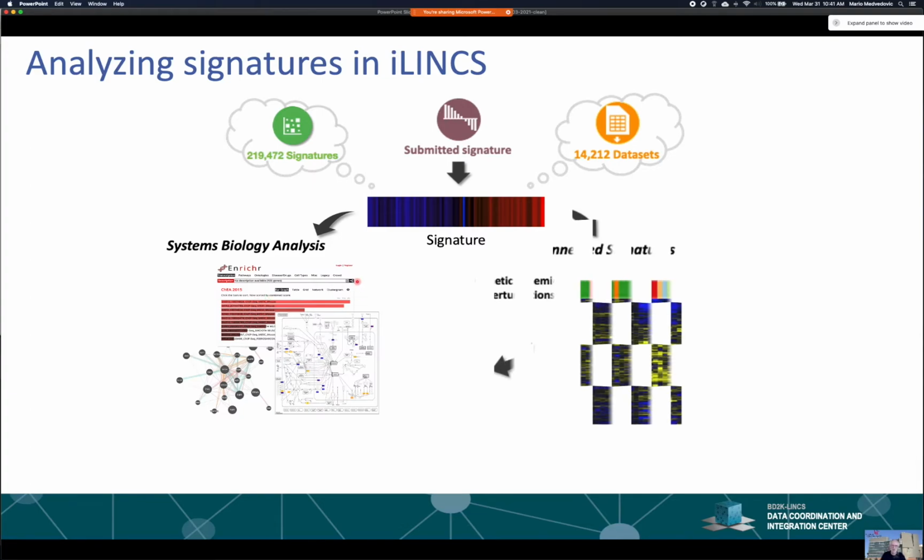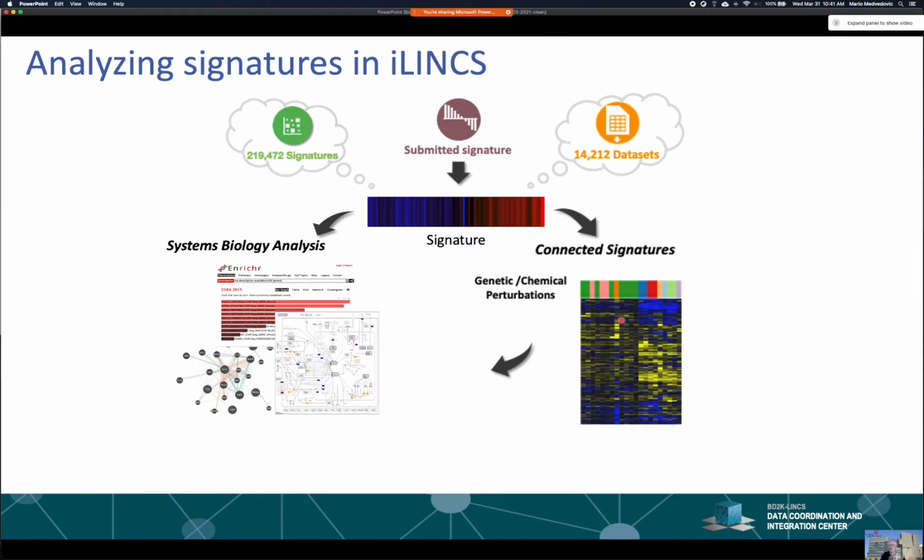But then the other path that you can undertake, and that's what I was talking about most of the time so far, is that you don't look only at differentially expressed genes directly, but you connect them first. You connect your signature to this large collection of perturbation signatures, and then in addition to this baseline analysis, you can analyze the results of these correlations with pre-computed signatures.